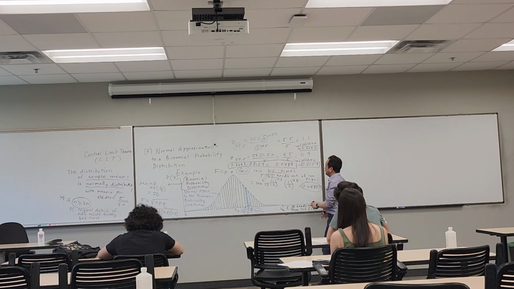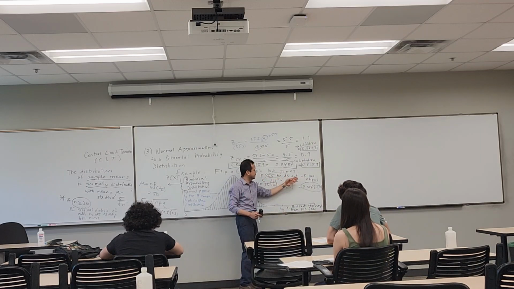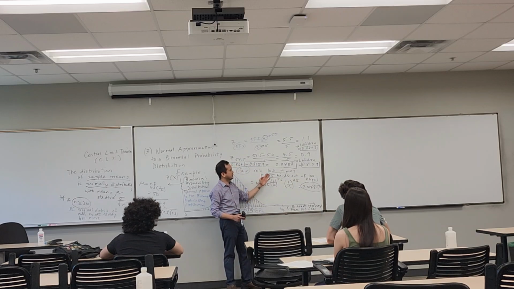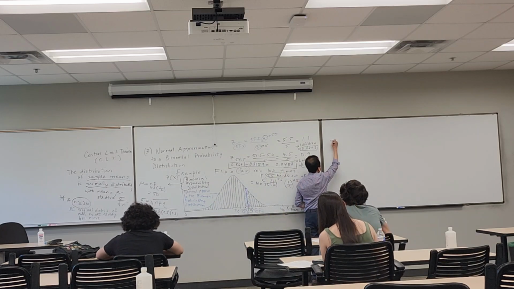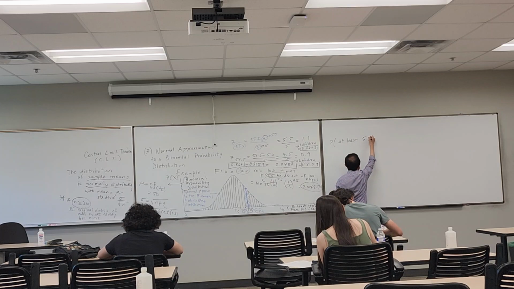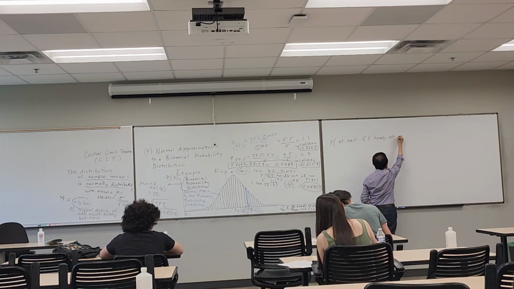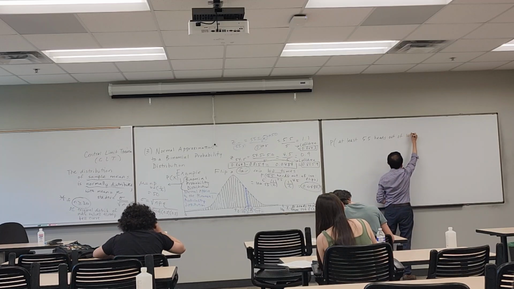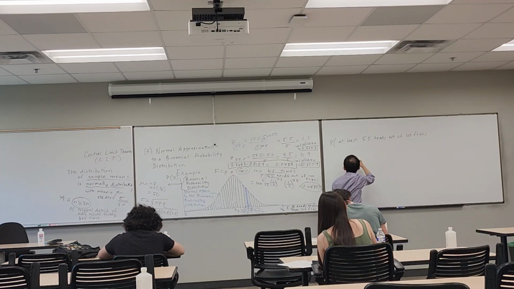so instead of the previous question, where we found the probability of 55 heads out of 100 flips, let's now find the probability of at least 55 heads out of 100 flips. So what does at least mean?